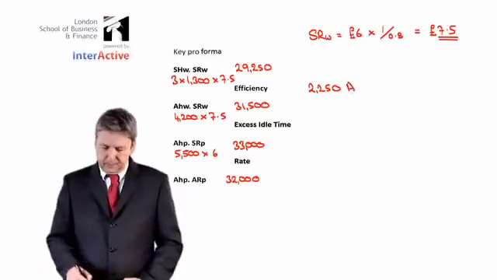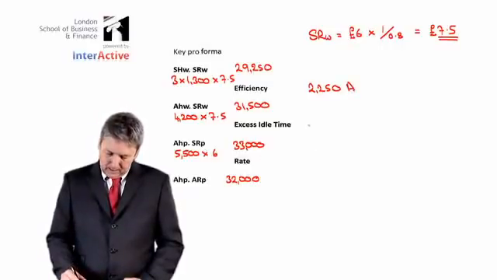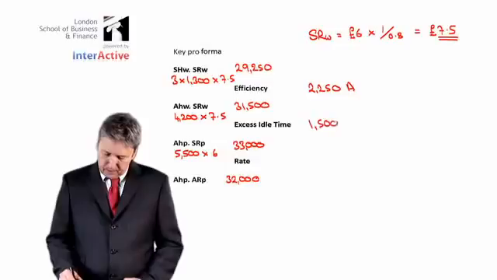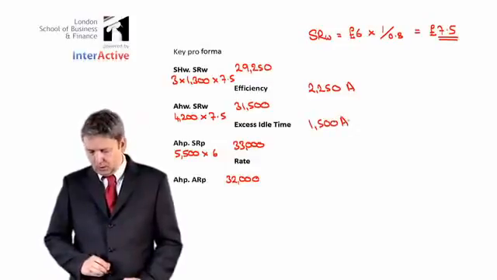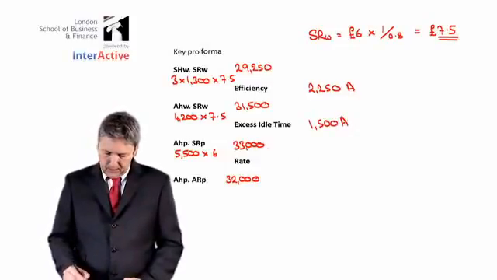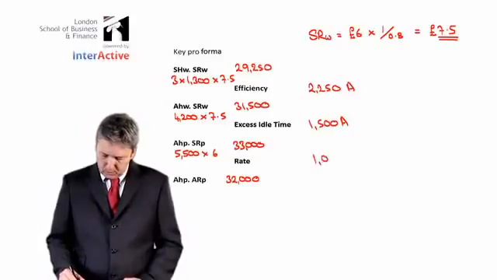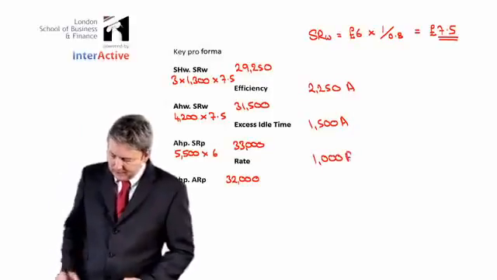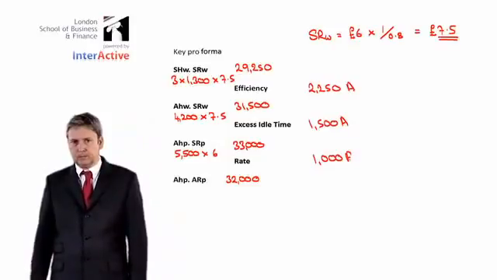Adverse because it's negative. Top minus bottom, the idle time variance is 1,500. Still adverse, but a lot smaller than we had before. And the rate variance, top minus bottom, 1,000. Favourable, it has not changed.